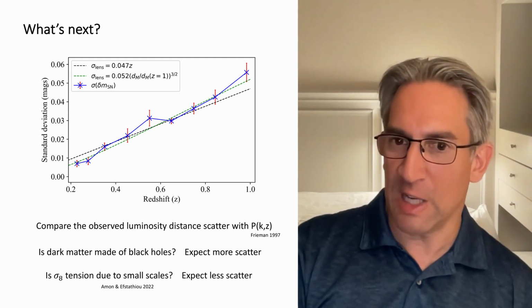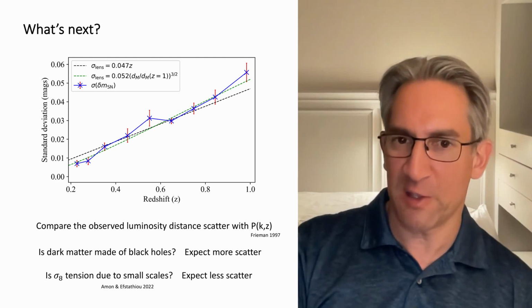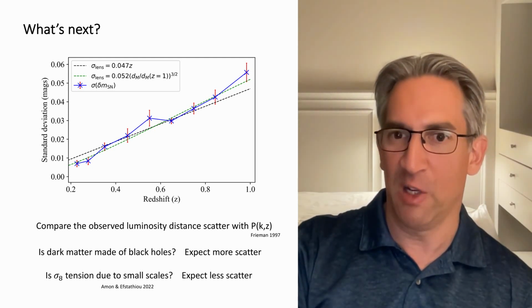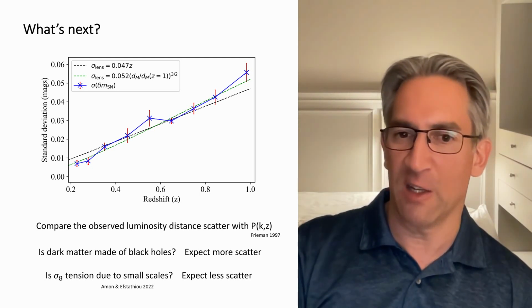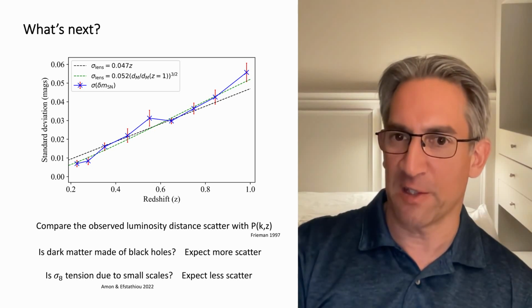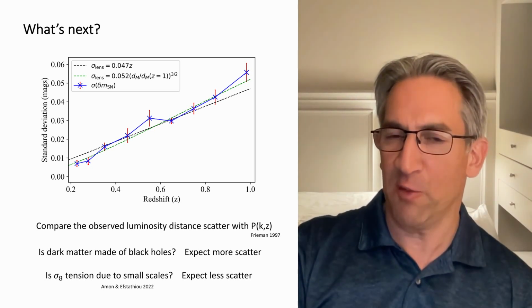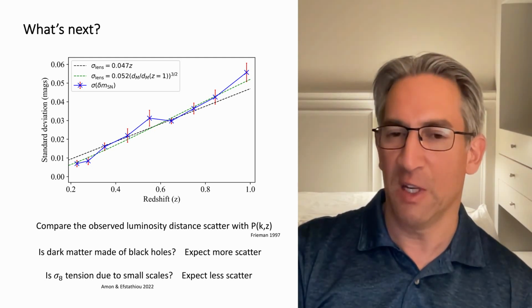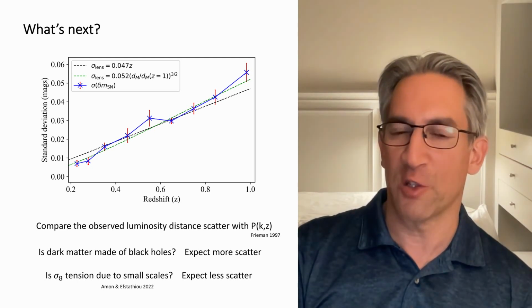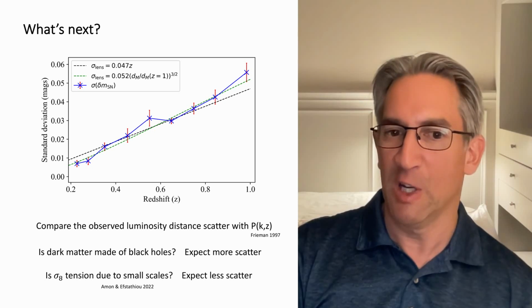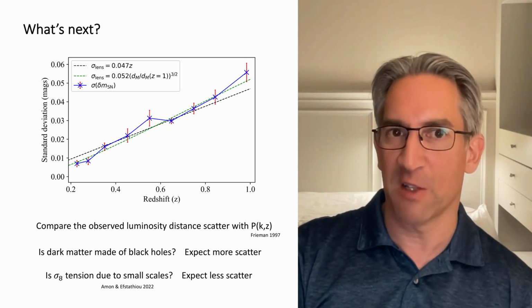If that were the case, because there is less clumpiness and more suppression of power on the scales of individual halos, we would expect less scatter than the integral over the power spectrum would predict. So in other words, we can take the scatter in our data and start to ask some really fundamental questions about primordial black holes and the sigma eight tension. And that's something that we're going to look at in future work.